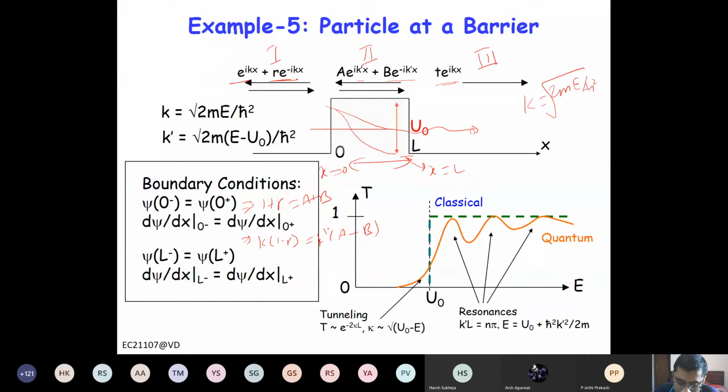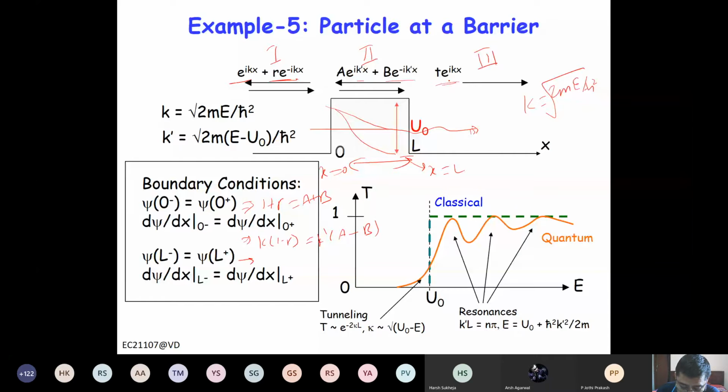At x equal to L, you can write A times e to the power iota K prime L plus B times e to the power minus iota K prime L is equal to T times e to the power iota KL. And the derivative gives K prime times (A times e to the power iota K prime L minus B times e to the power minus iota K prime L) equal to K times T times e to the power iota KL. This I will explain later.